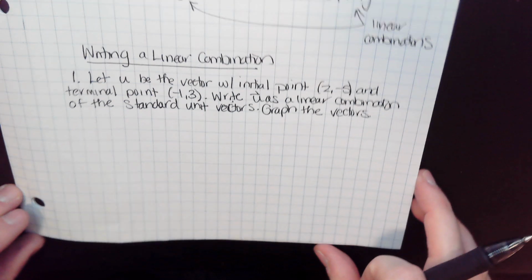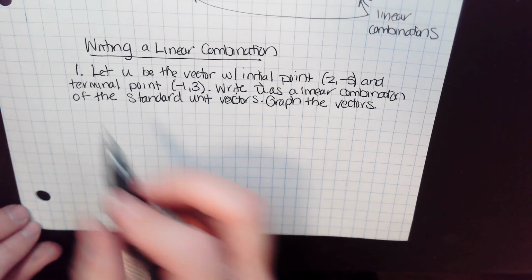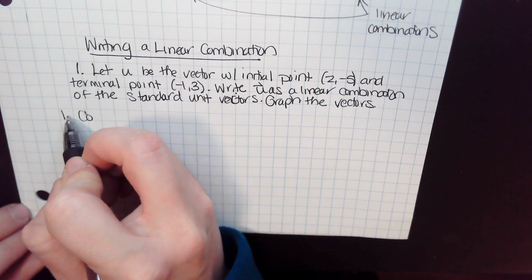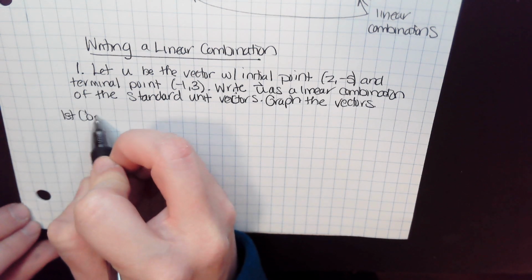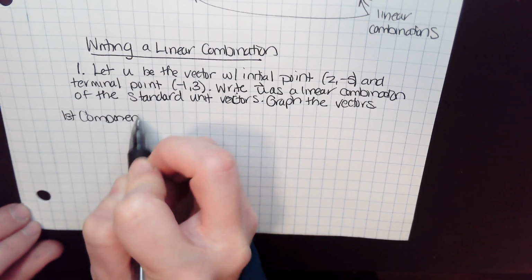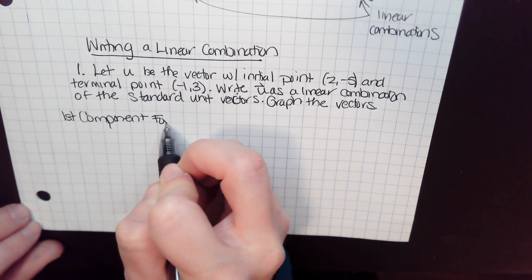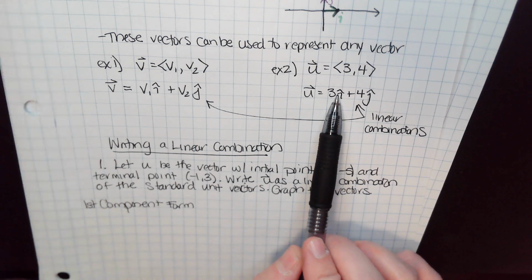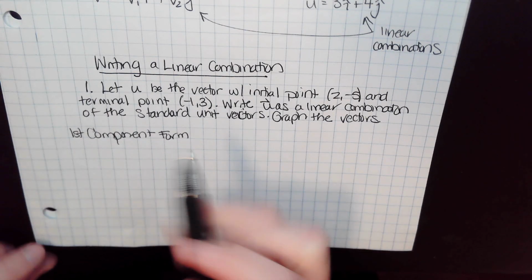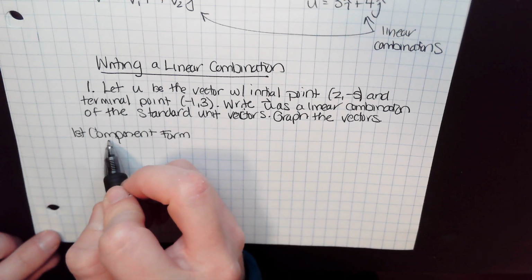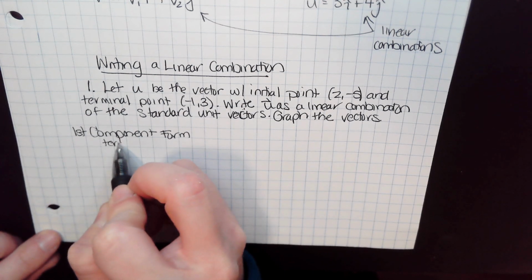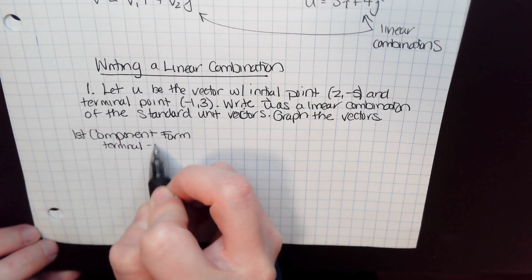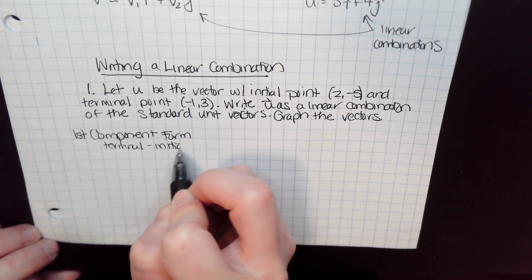First, let's write it in component form, and then we're just going to switch it like we did in the examples up here. After we get it into component form, we can easily write it as a linear combination by making it addition and adding your i and your j in. For component form, you always take terminal minus initial.